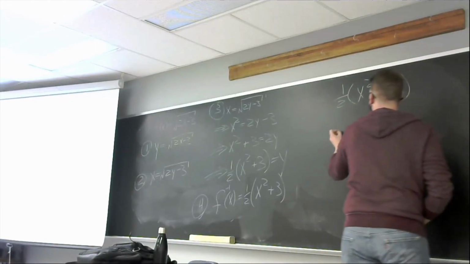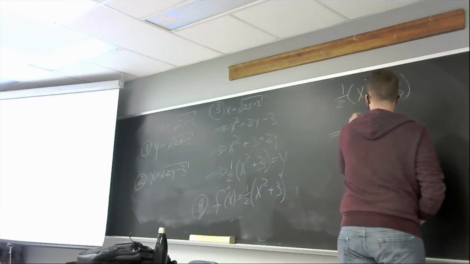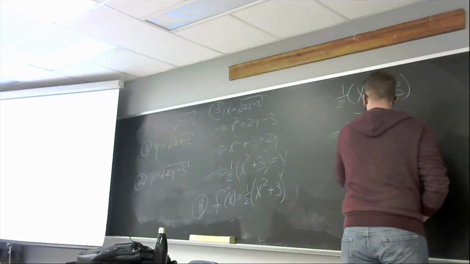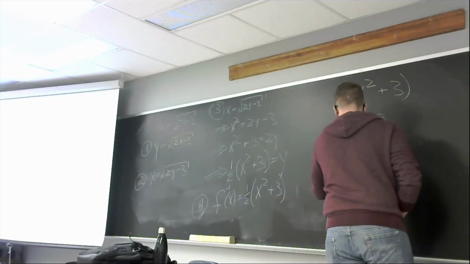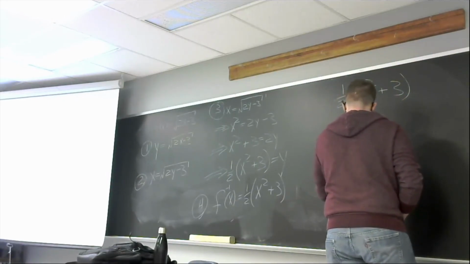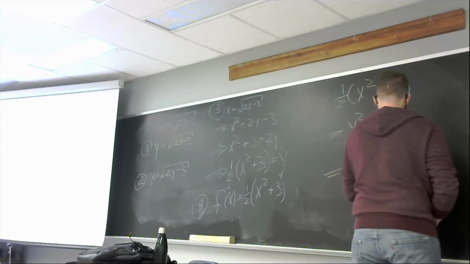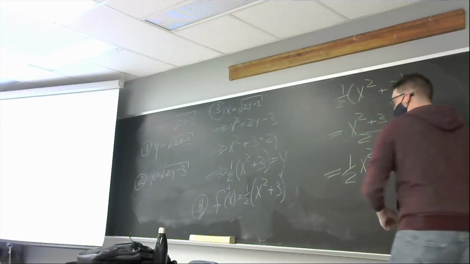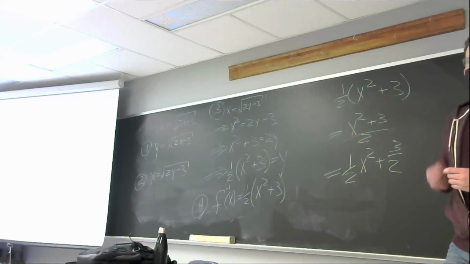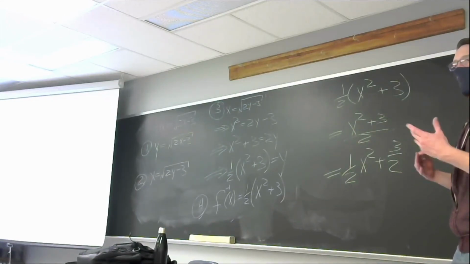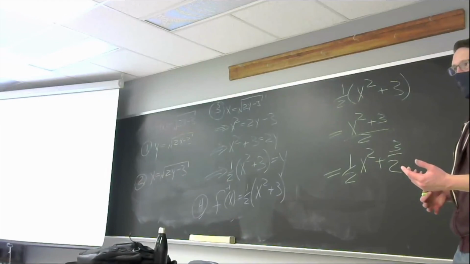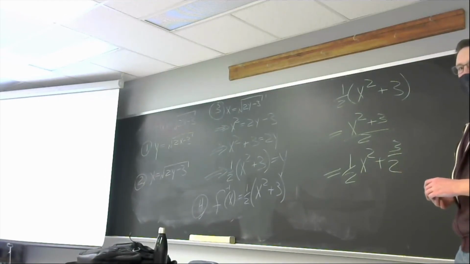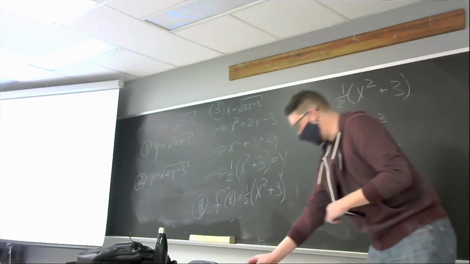Well, it's all equal to x squared plus 3 over 2, or we could write 1/2 x squared plus 3 over 2, or a couple other ways. As long as they're all equivalent ways, I don't care. Okay. Make sense what I mean? Yeah. Cool.